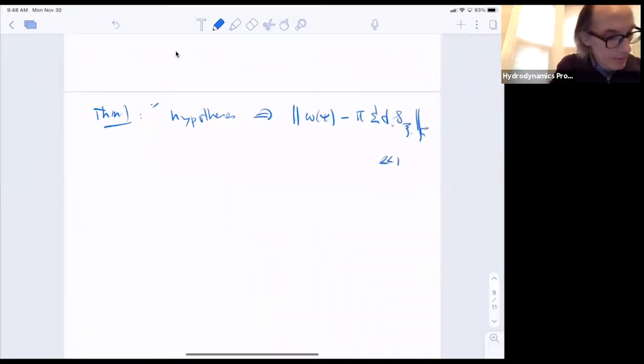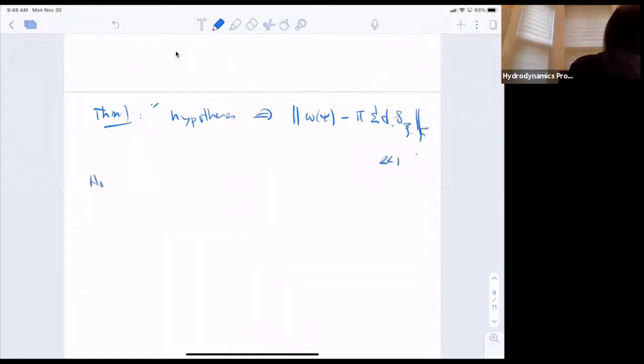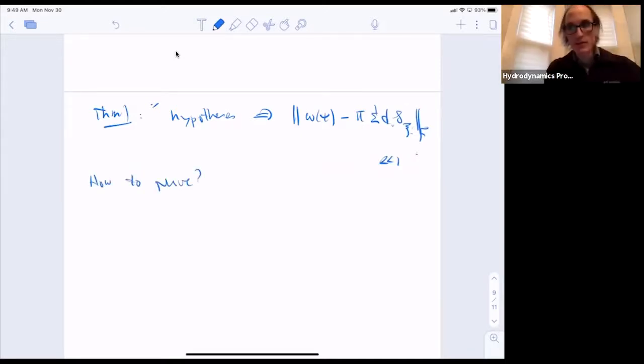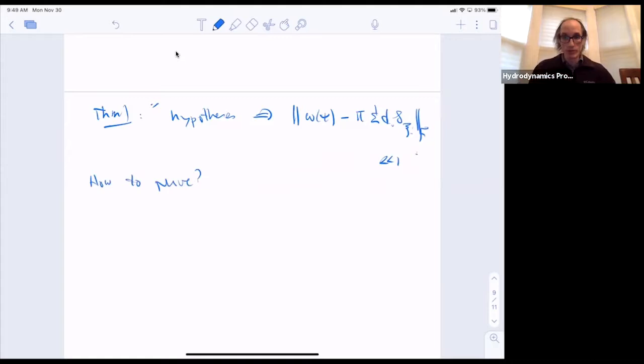So how to prove it? The point is, what does the estimate mean?